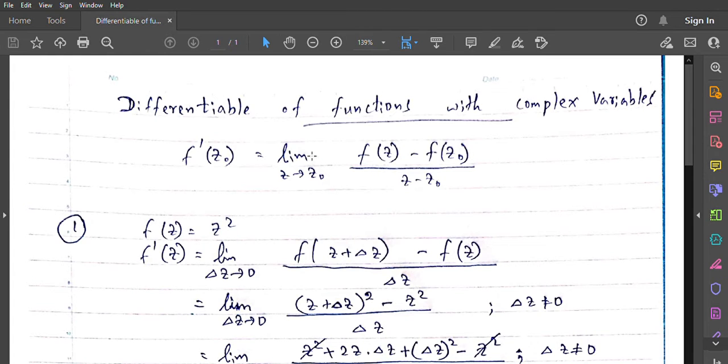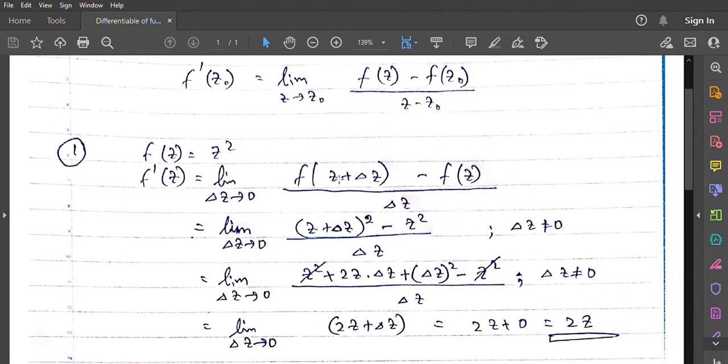So when we have to prove differentiability by using the epsilon delta definition, we use this equation, this part.